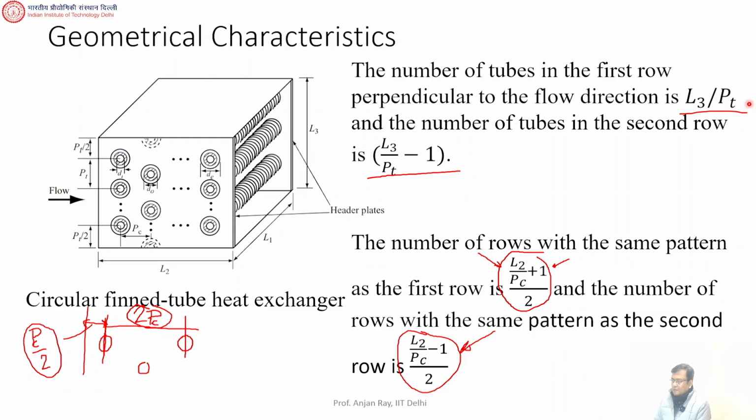PT is the pitch. Okay. Study the figure and tell me whether L3 over PT is okay.